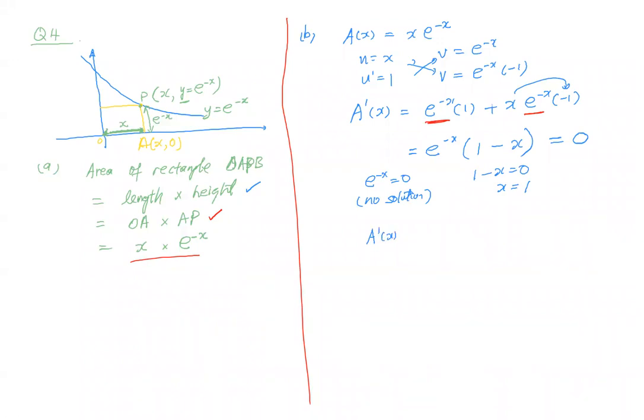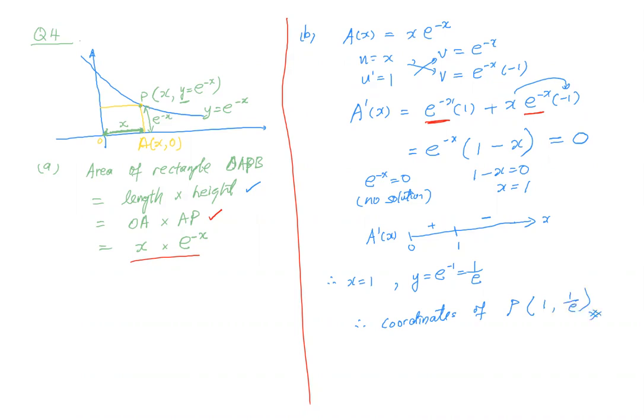So I say A prime x. It must start from 0 onward to infinity. So I put a 1 here, this is a plus, this is a minus, done. So therefore, when x equal to 1, y equal to e to the power negative 1 equal to 1 over e. Therefore, coordinate of P is 1 over e.